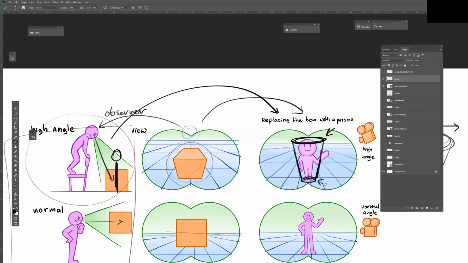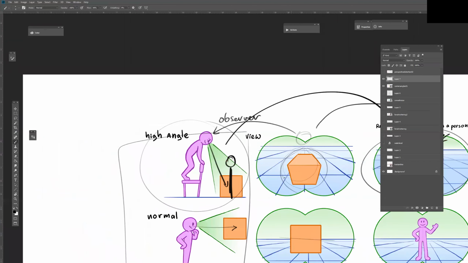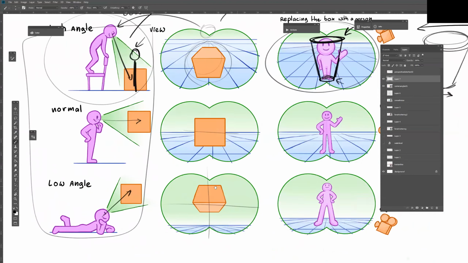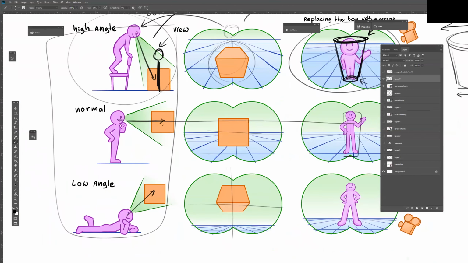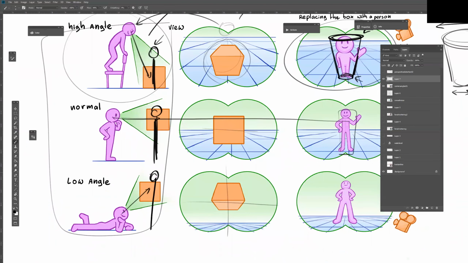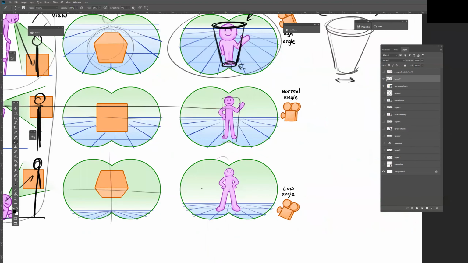And this is how we see in everyday life, but it's actually quite interesting that we're looking at things there. So if we're looking straight at the object, the person would look more like this. And if we're looking from the ground up at the person, it would look more like this.